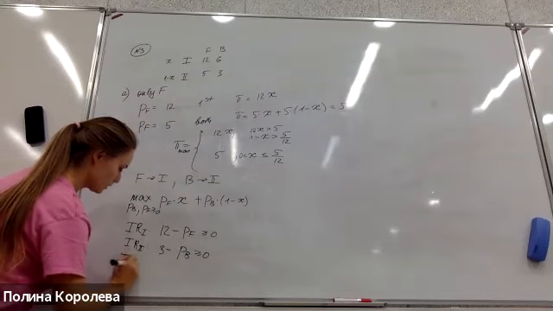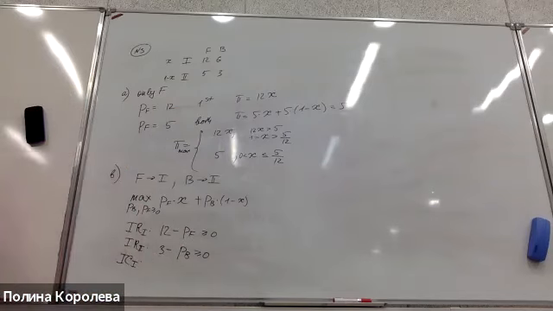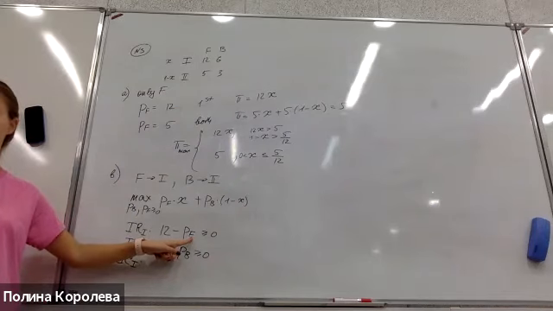Incentive compatibility constraints. For the first type, we need that the first type will buy fancy, not the basic good.